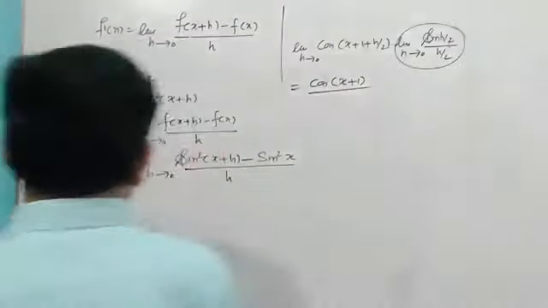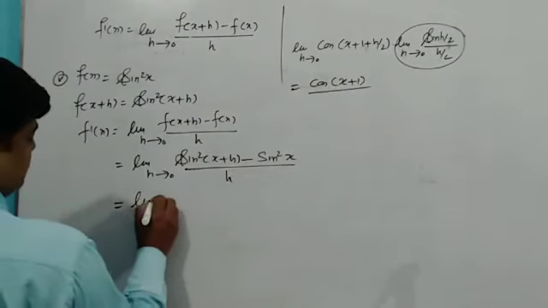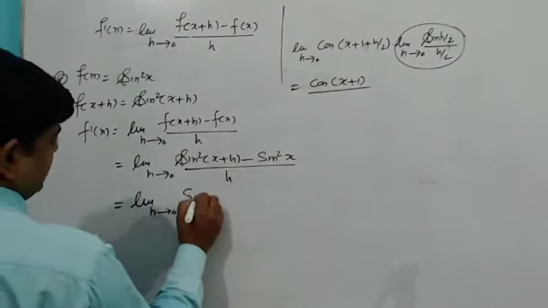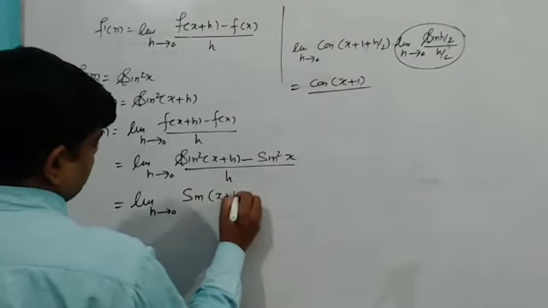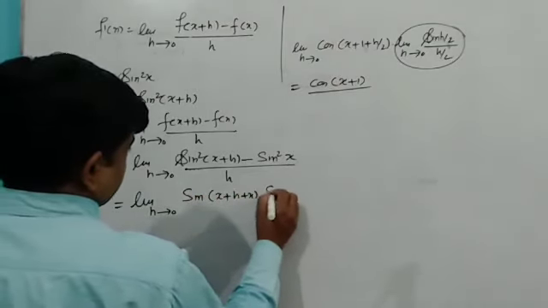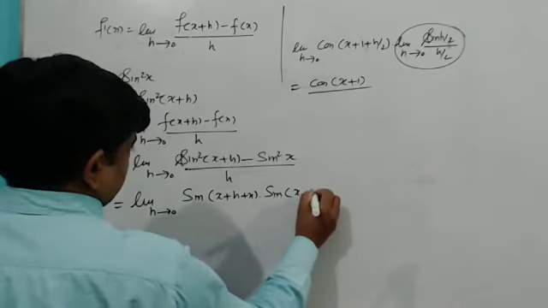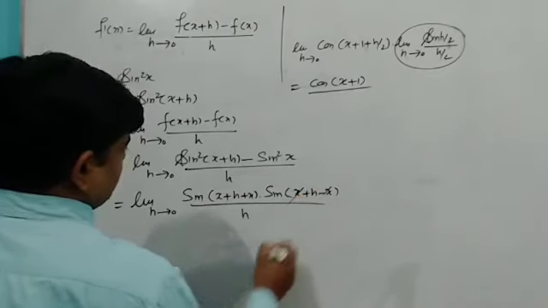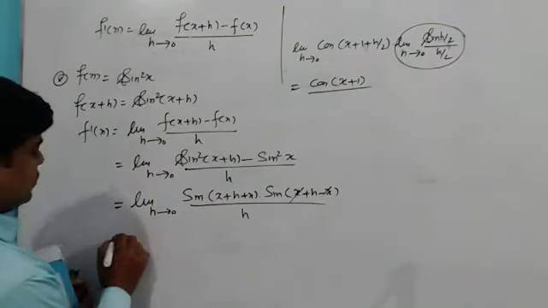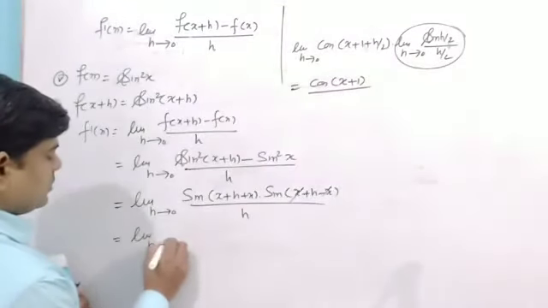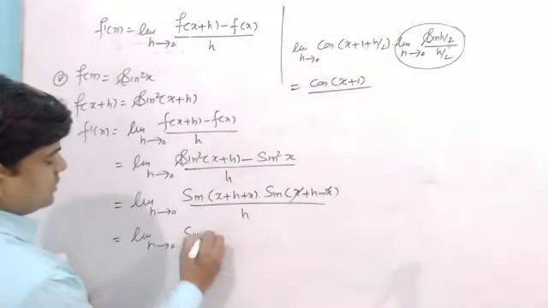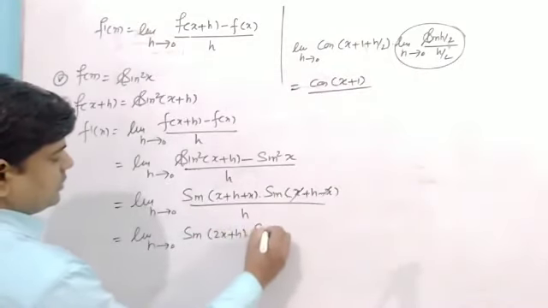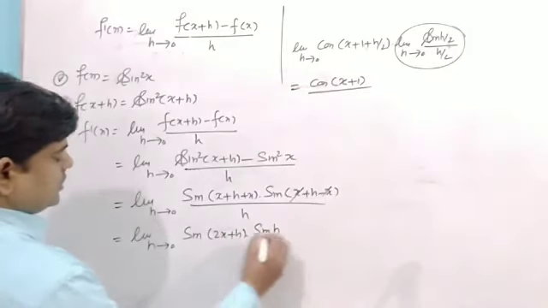And if I use the formula, the limit as h tends to 0 can be written as sin(x+h+x) into sin(x+h−x) whole upon h. This is now the limit of sin(2x+h) into sin h upon h.